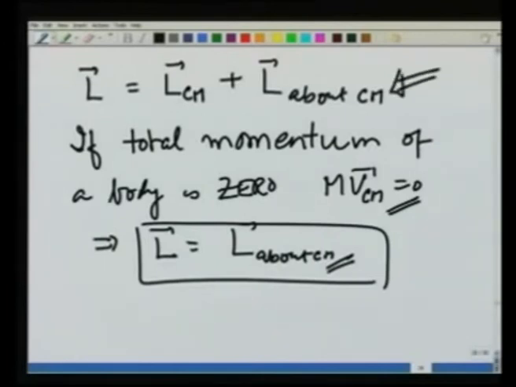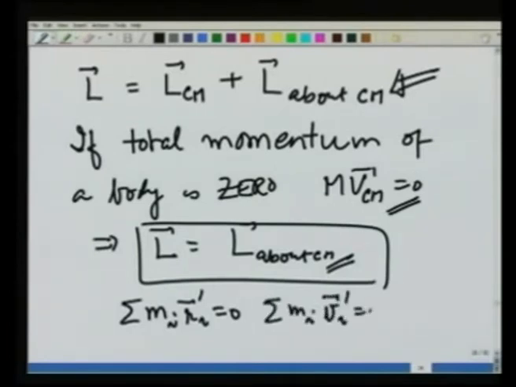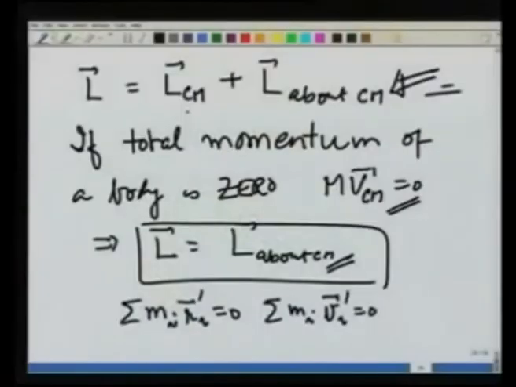You can see this is also a result which depends on the property of the center of mass, that is summation m_i r_i prime with respect to center of mass is 0, and similarly summation m_i V_i prime is equal to 0. So, this decomposition cannot be done about any arbitrary point, that is I cannot say L equals L of some point O prime plus L about that point O prime.